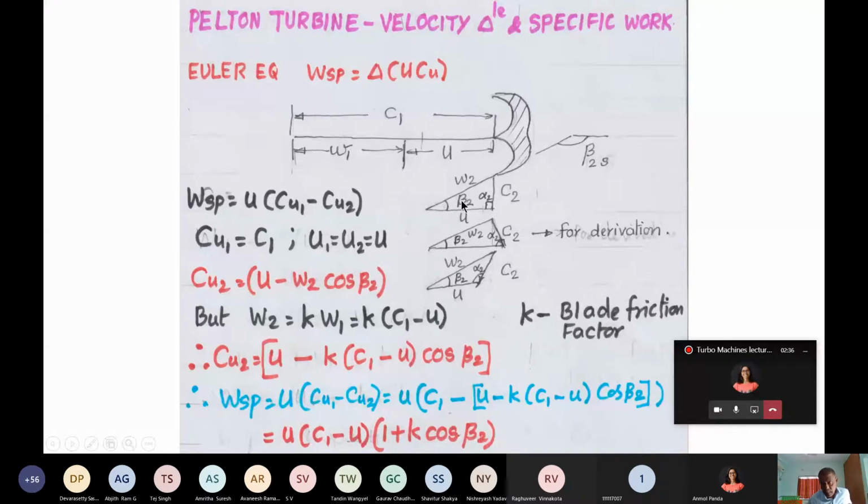It does not have any tangential component, such that the angle alpha 2 is 90 degrees. That is the desired condition where no energy is lost. You will have minimum C2.